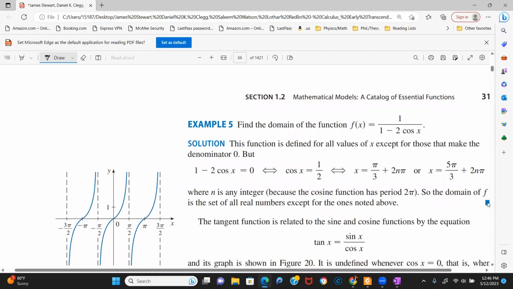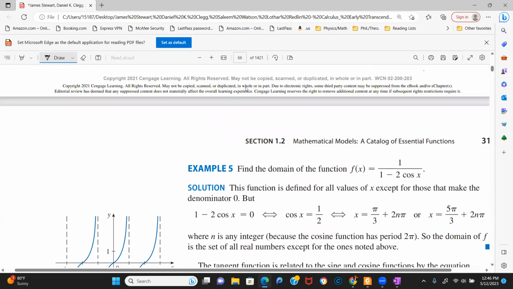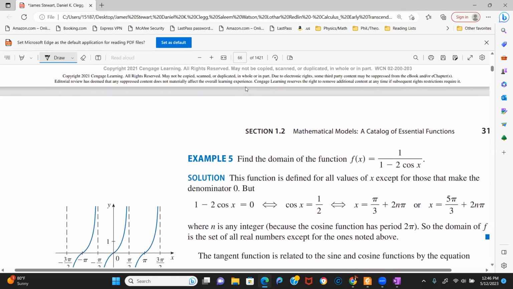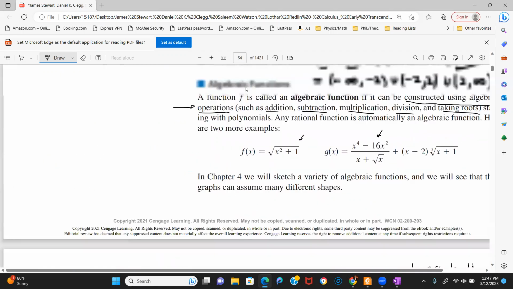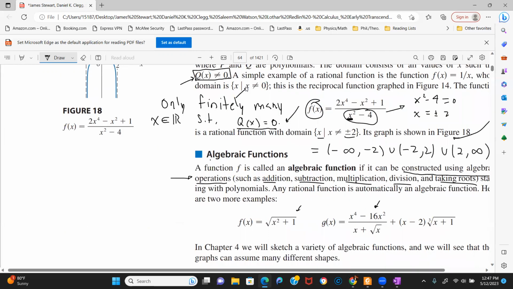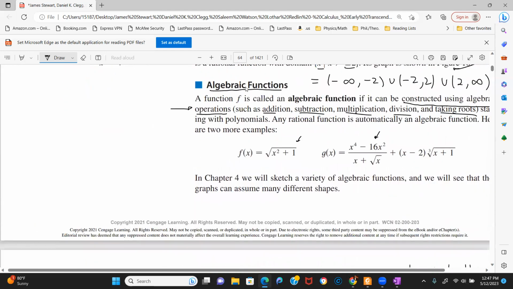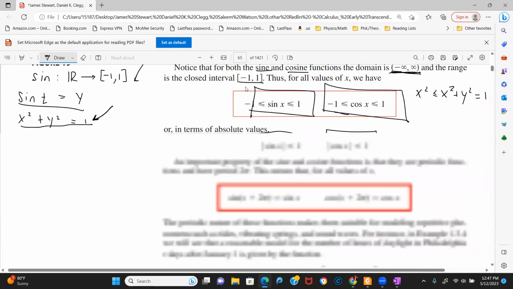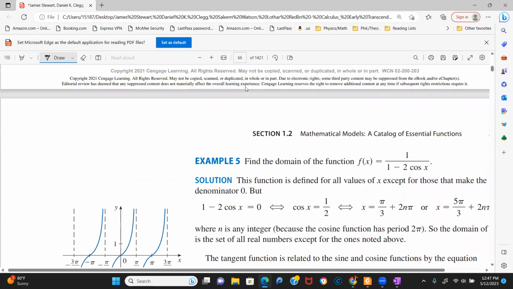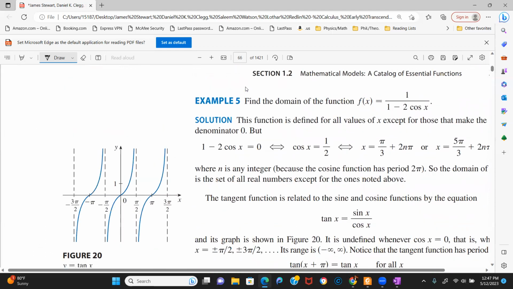All right, so here's an example. Find the domain. I want to make sure I'm using the terminology right. This is not technically an algebraic function because you start with polynomials, but I guess it's just a function that doesn't fit in any category.